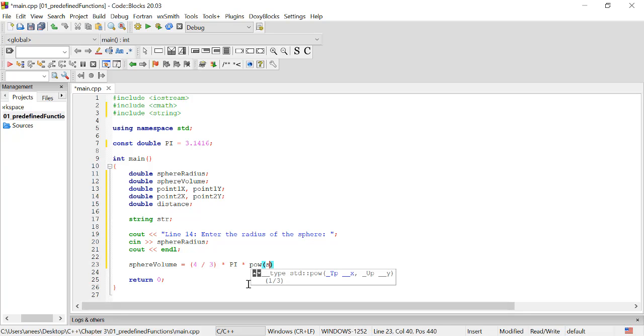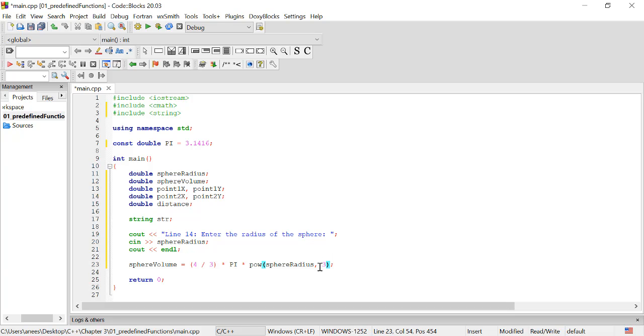Okay, now sphere radius, comma 3. Now the way that this function works, pow, you raise something to a power. So here it shows we raise sphere radius to the power 3, or we cube it.